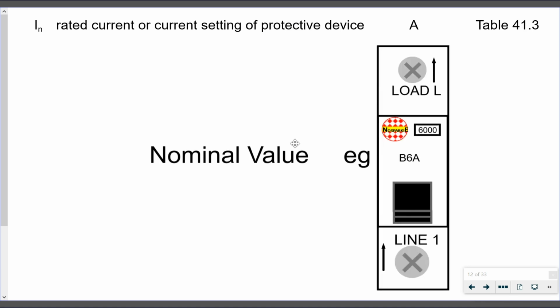So it doesn't actually say the words nominal value, but a rating is its nominal value. So for example, that 6 ampere B6 MCB, its nominal value would be 6 amperes.